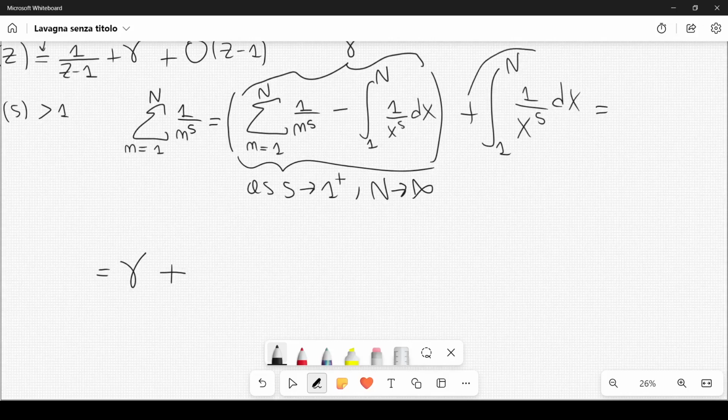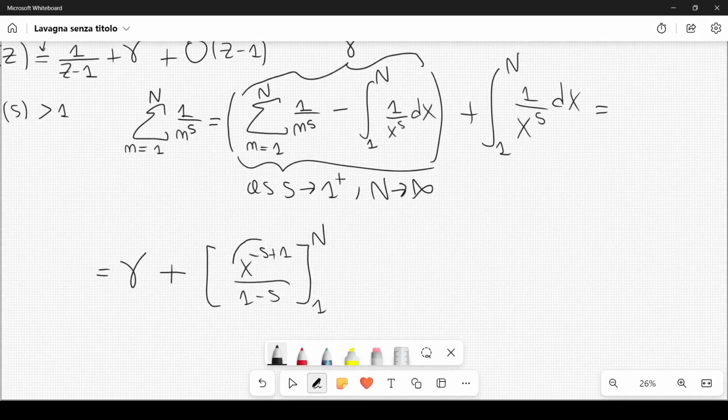Then here, if we calculate this integral, we have the following. We have x to the power minus s plus 1 divided by 1 minus s, and we have to evaluate it between 1 and capital N. Now, as N goes to infinity, you have to notice that we also have s which tends to 1 plus, so this exponent here will be slightly negative. So we have infinity raised to something slightly negative, or actually instead of infinity, just think of a very large number raised to a negative exponent.